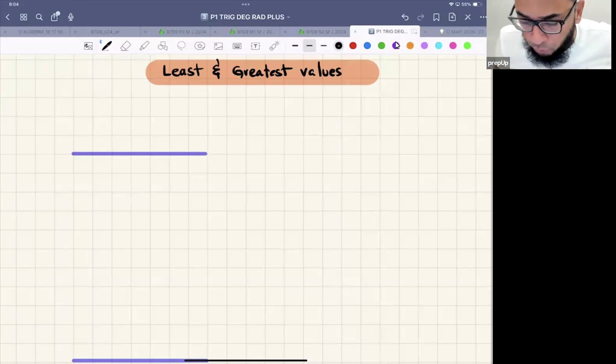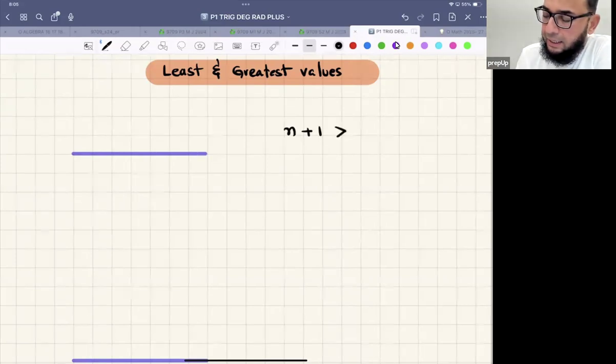Okay. So now over here, for least and greatest value, what is the logic that we apply? Now let's say I have an inequality. Let's say n plus 1 is greater than 5.7. In other words, n is greater than 4.7.